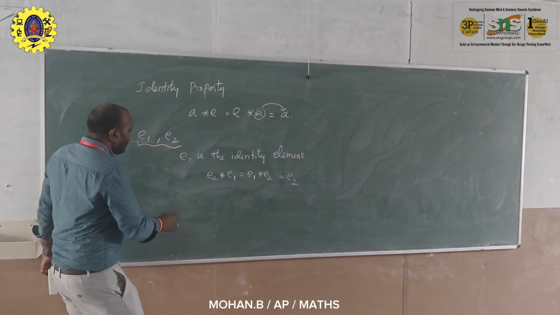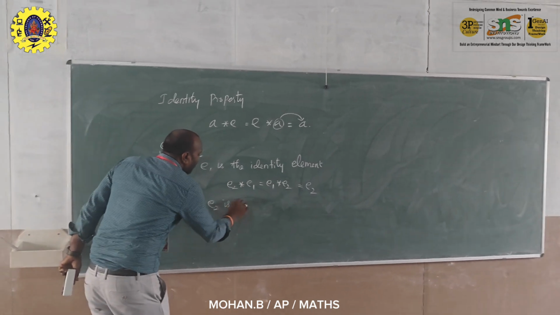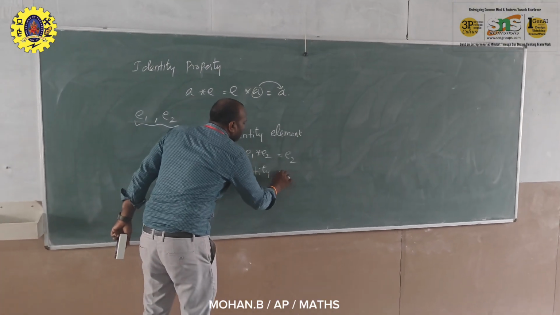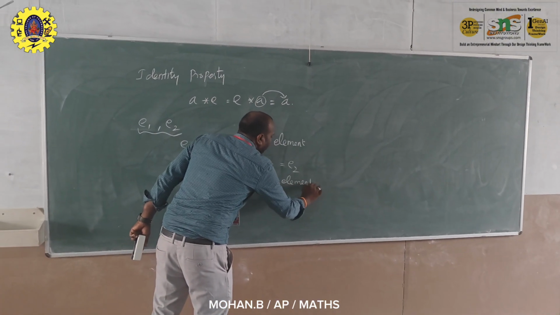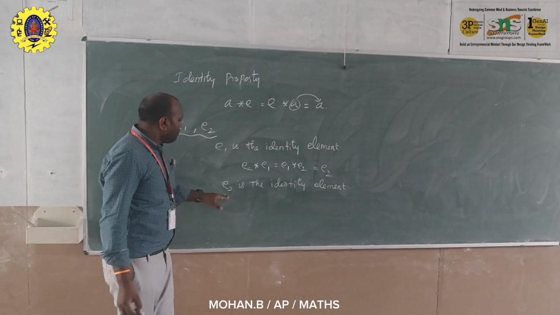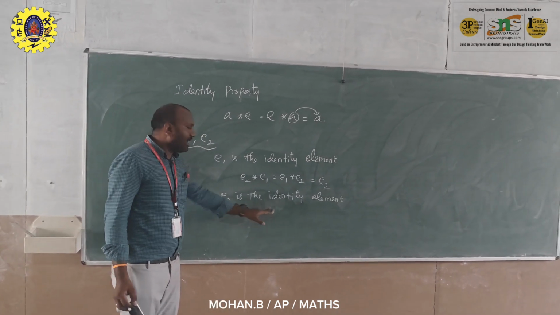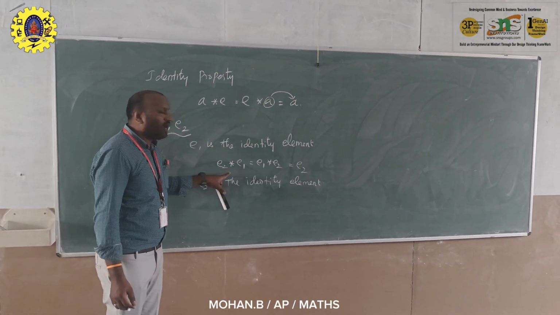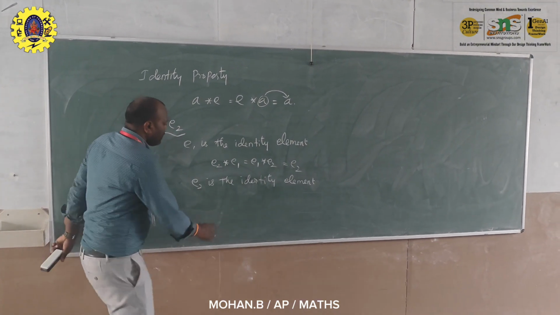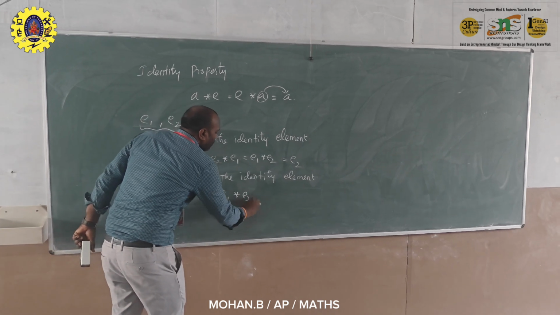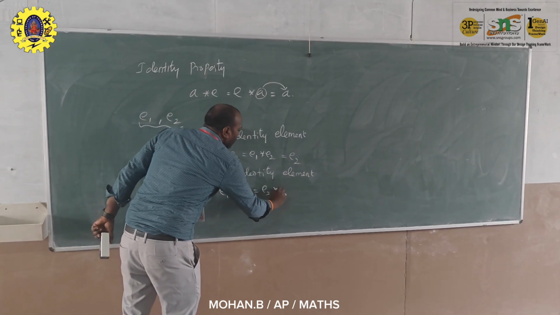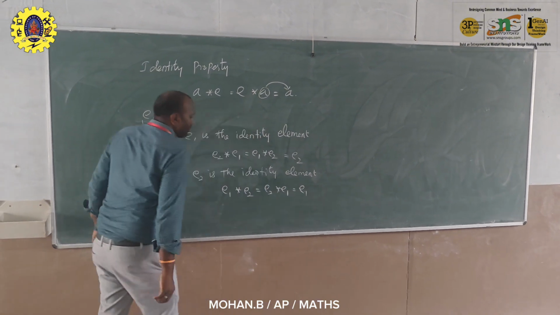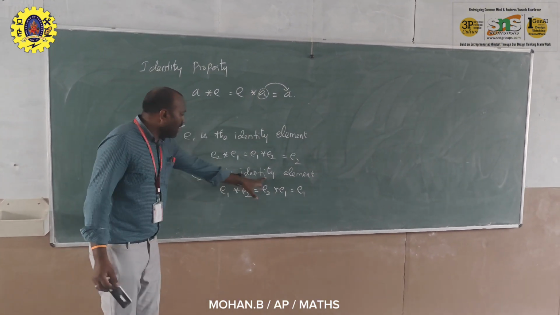Now let me see here, E2 is the identity element. When we take E2 as the identity element, here E1 star E2 is equal to E2 star E1 is equal to E1, because here E2 is the identity element.